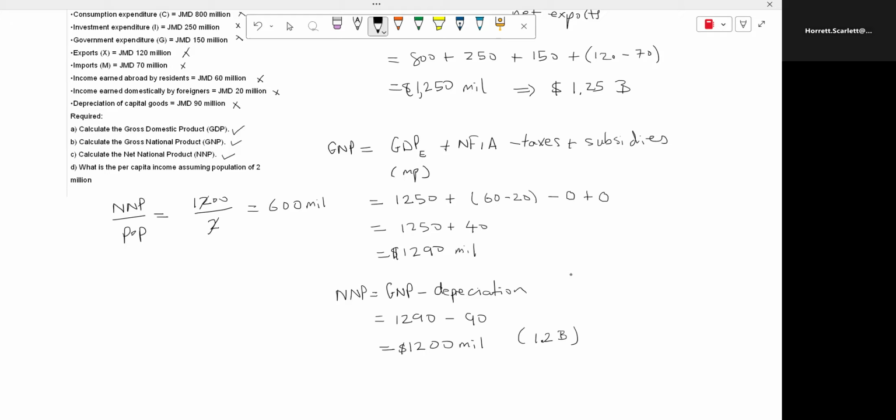So we cannot forget the units. And this is telling us, based on the population, that on a rough estimate, every person within the population is generating $600 million towards the productivity of the nation.